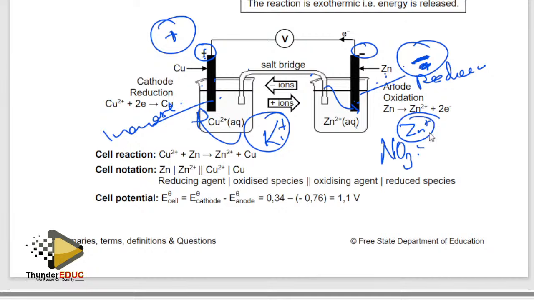And then number two, because this substance is dissolving while this one is being used up, this one is going to become pale. It's going to become pale. Why? Because the ions which are being used up here are not being replaced. The copper ions are not being replaced. So you need to know that when it comes to the galvanic cell.